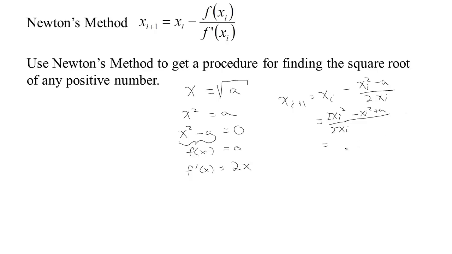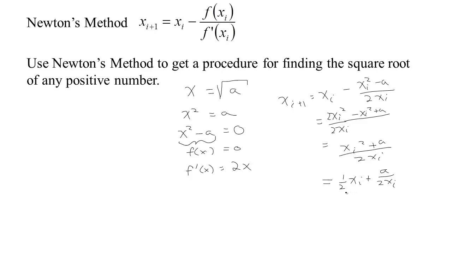So I really have 2xi squared minus xi squared is xi squared plus a all over 2xi. Or maybe it might be easier just to split this up. If I break it up into two fractions, xi squared over 2xi would be 1/2 xi, and then we have plus a over 2xi, whatever a happens to be.